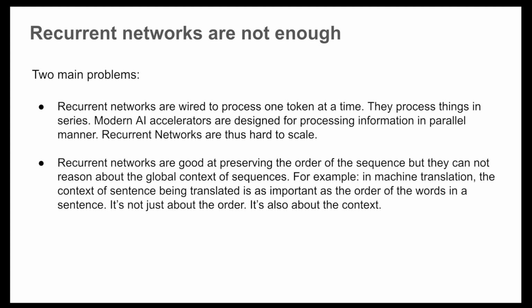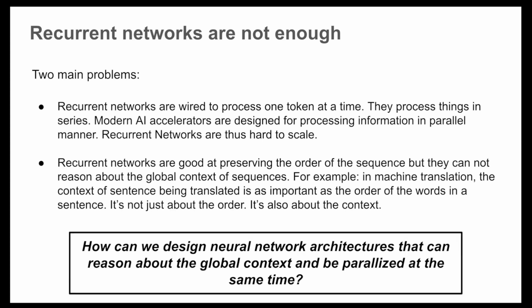So it's really not just about the order, because the context matters as well. Then the problem is, how can we design neural network architectures that can reason about global context and be parallel at the same time? Are there any neural network architectures that can reason about the global context and be parallel at the same time?